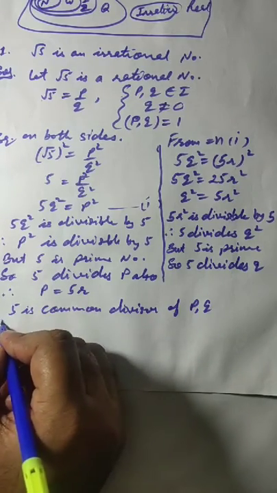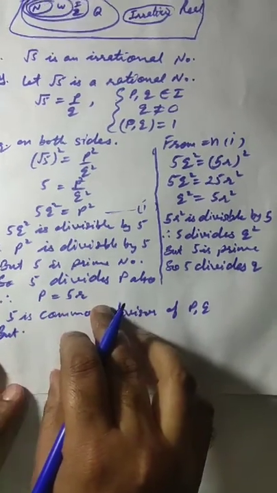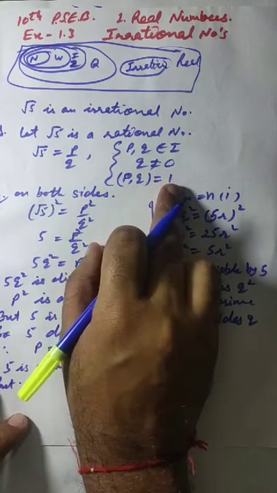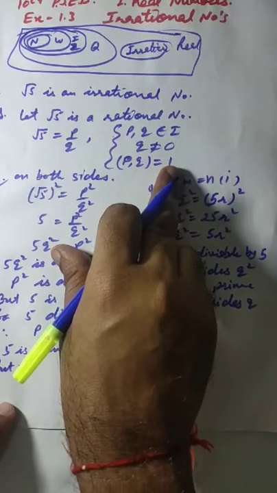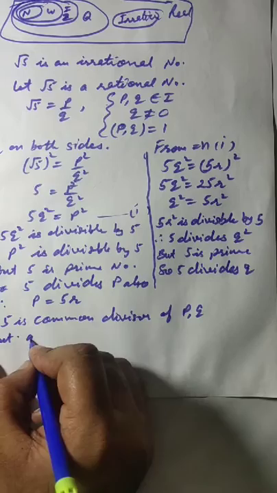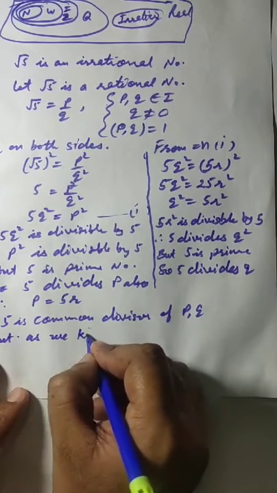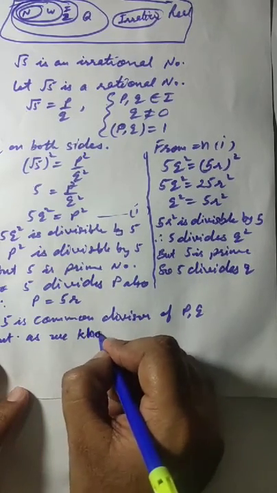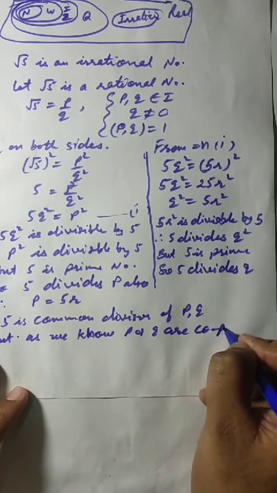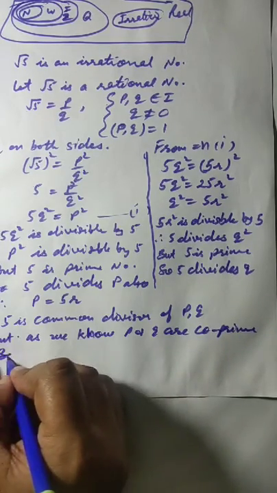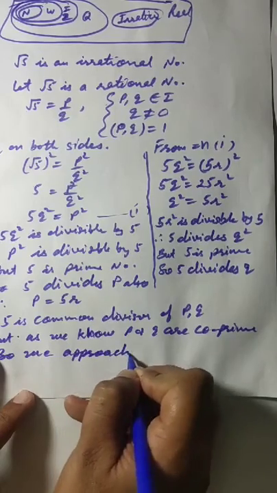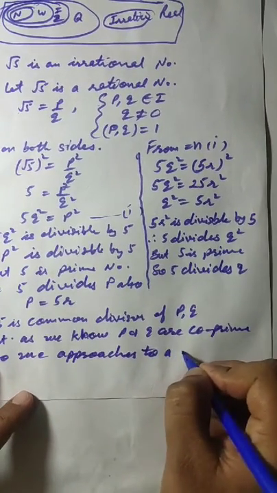But initially we said that p and q only have one as a common factor, not any other common factor other than 1. As we know, p and q are co-prime, so we arrive at a contradiction.